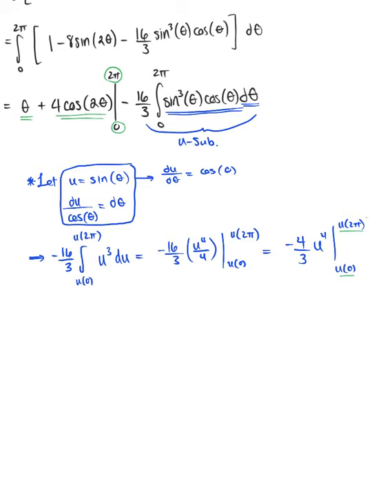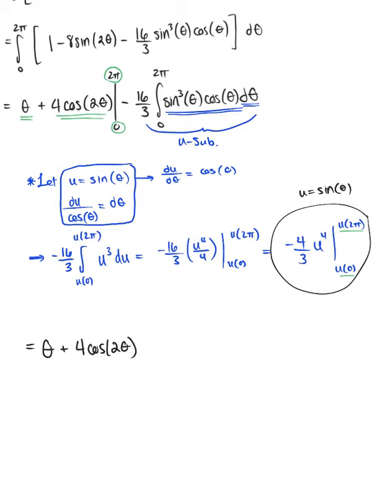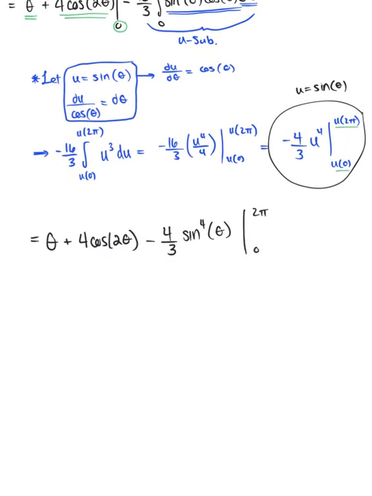So let's plug this back in, replacing the u with the original sine of theta. So the whole antiderivative is now theta plus 4 cosine of 2 theta. And now we have minus 4/3 times sine of theta to the 4th. And now we are ready to evaluate from 0 to 2 pi. So let's go for it.